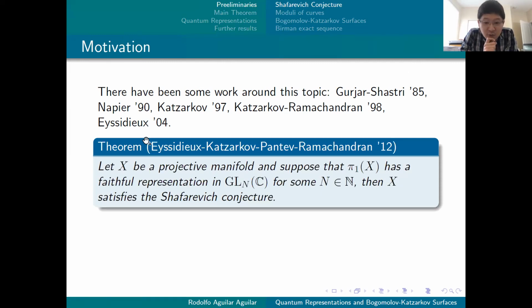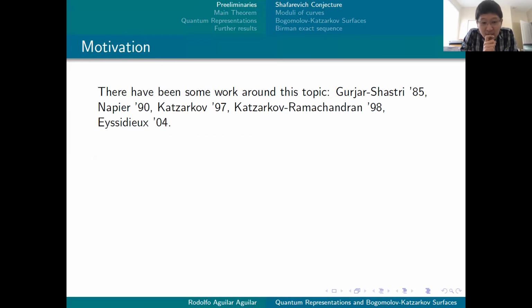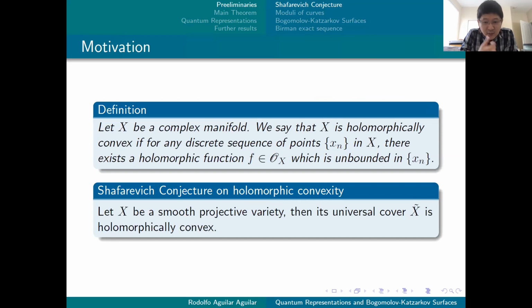Excuse me, could you go back to the previous slide? May I ask, if X is simply connected, then smooth projective, its universal cover should be X itself, right? As it is compact, it is holomorphically convex, so it's okay.